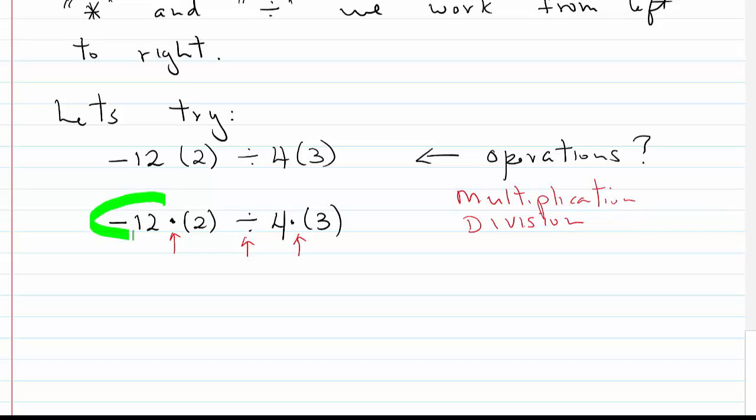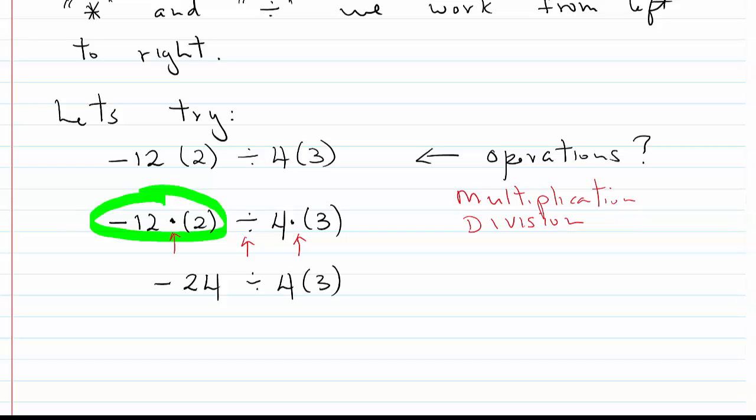The first thing I'm going to do is these two. If the signs are different, my answer will be negative. So negative 12 times 2 becomes negative 24. I bring down the division, and my 4 times 3.